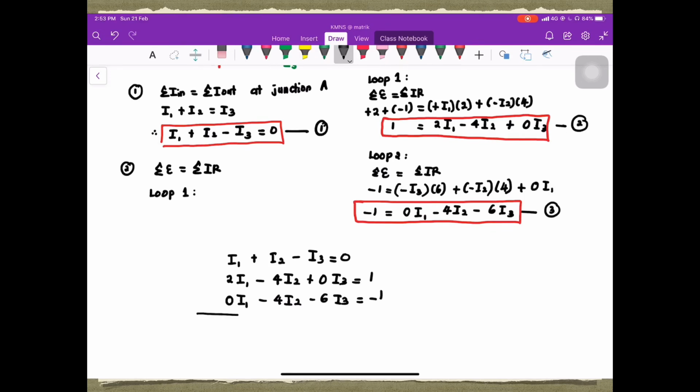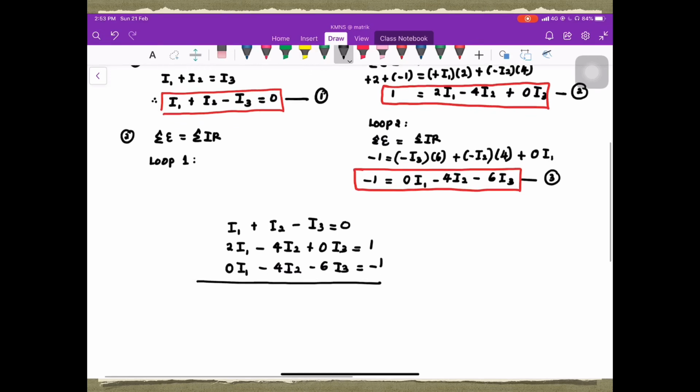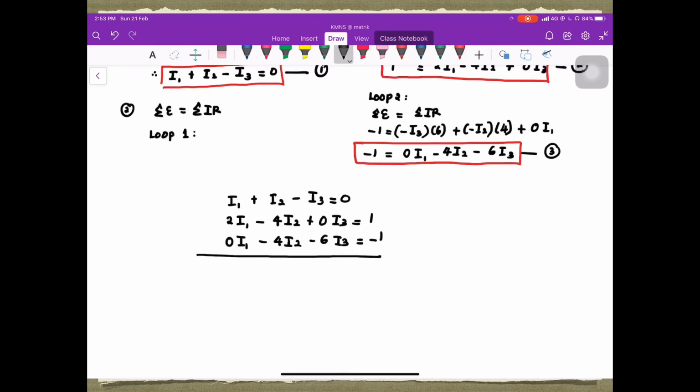Now use your calculator to find the values of x, y, z. x represents I1 in ampere, y is I2, and z is I3.